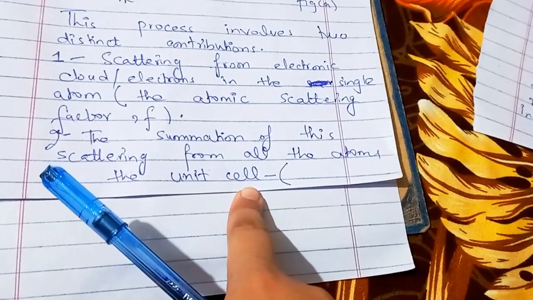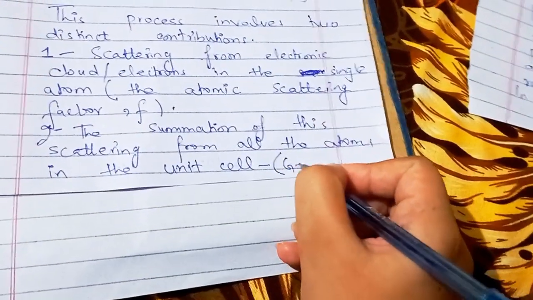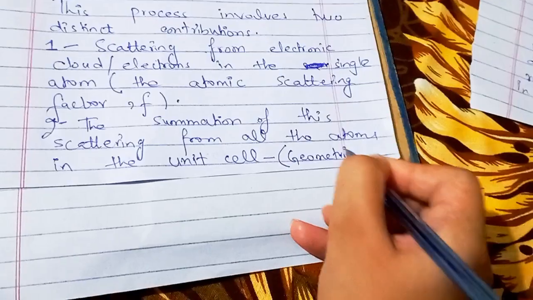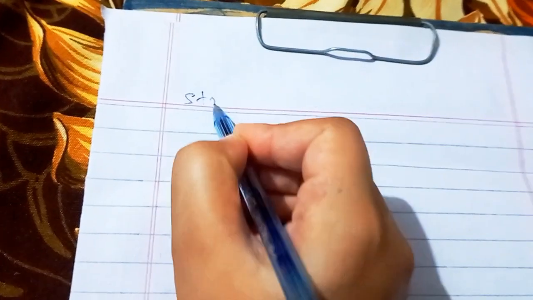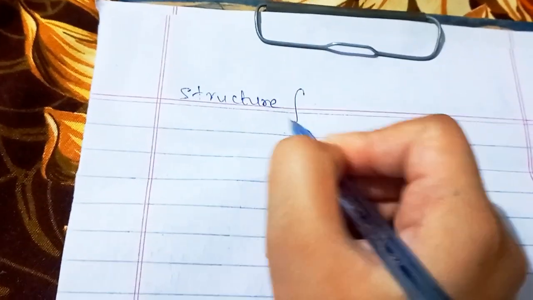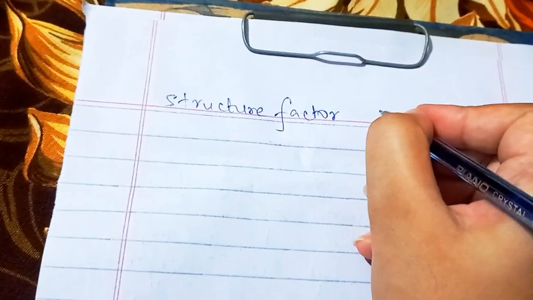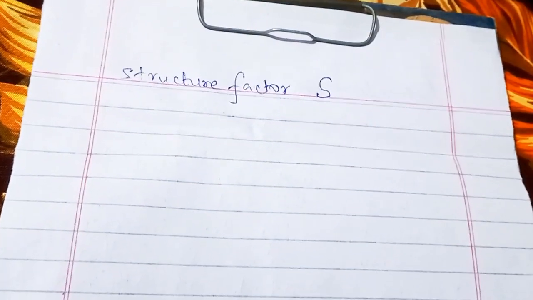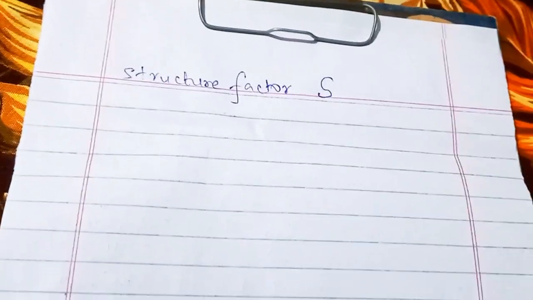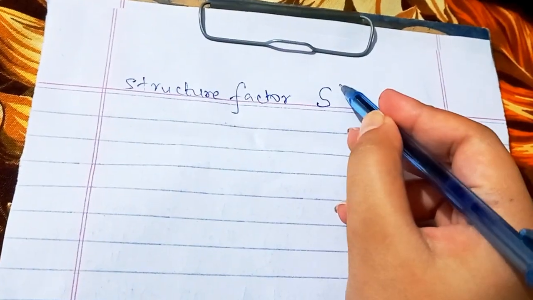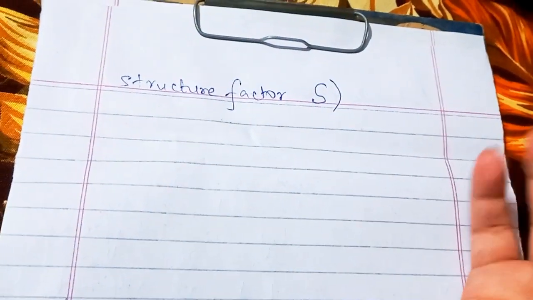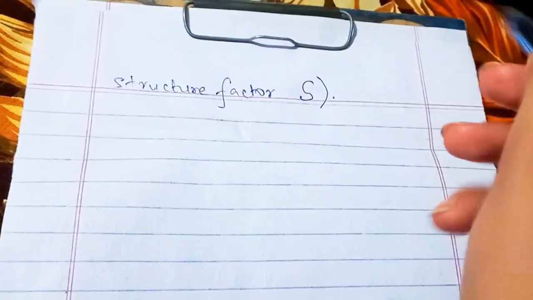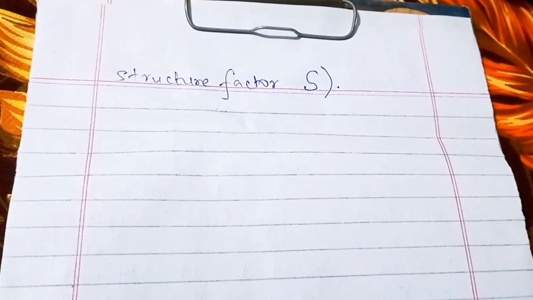The second, the summation, will give us the geometrical structure factor, which we represent by the symbol capital S. In some books it is represented by capital F, and it's totally up to you whatever symbol your book is using.